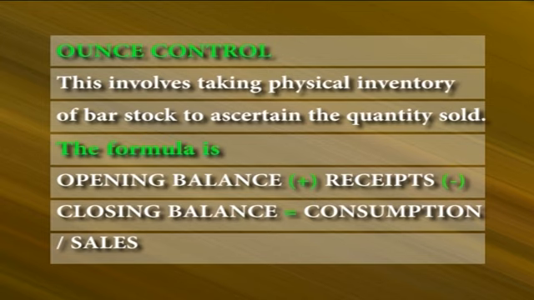Ounce control. This involves taking physical inventory of bar stock to ascertain the quantity sold. The formula is opening balance plus receipts minus closing balance equals consumption or the sales. This is compared with the detailed sales record.